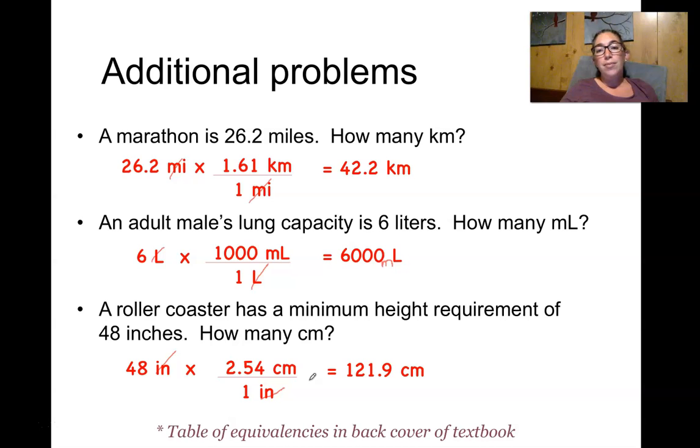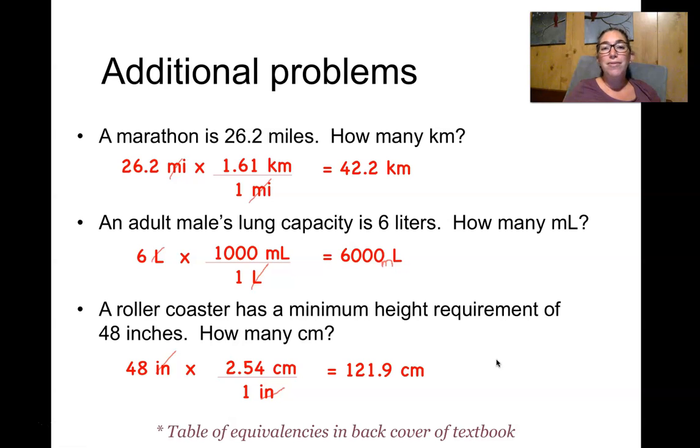Now you may wonder what numbers you should be rounding to in some of these cases. If you typed it into your calculator, I think you would have gotten 121.93 or something. So in this class, we're not going to go over significant figures. There are rules for rounding in science, but they can be pretty strict and really aren't important at this level of chemistry.